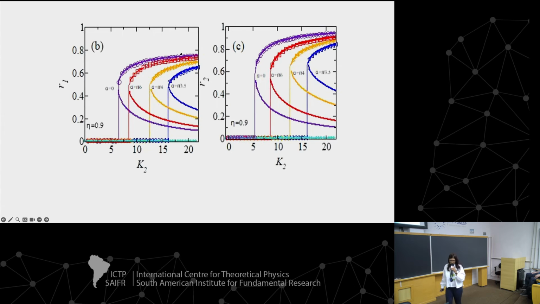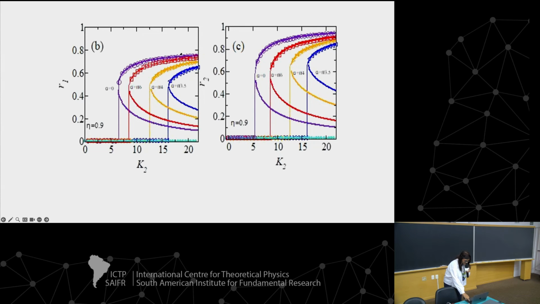Numerical simulation and analytics work very well for large n, because for finite size you might have a different result due to finite size effects. But for n very large, right now 10,000, numerics match very well with the analytics. This is two cluster synchronization, because you can see R2 here is greater than R1, correct?